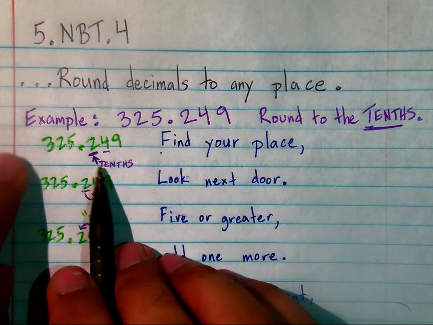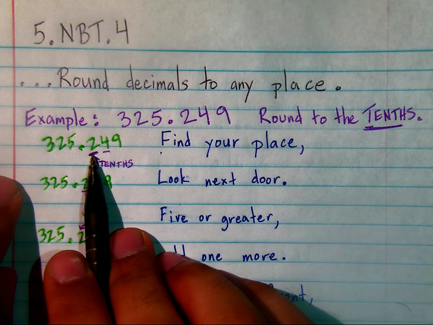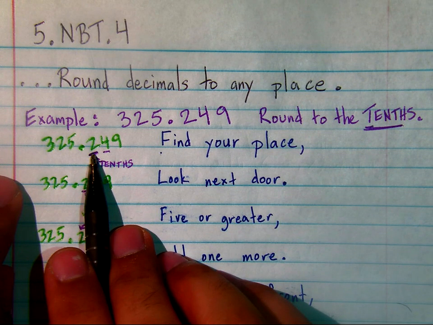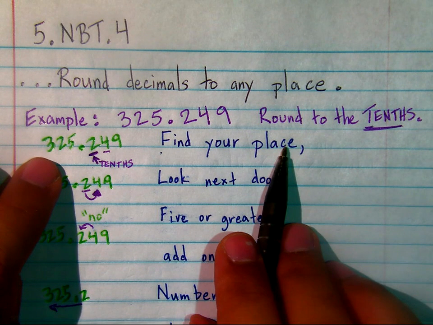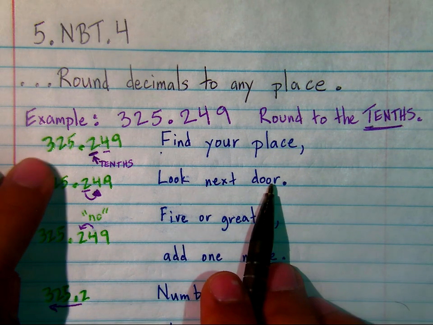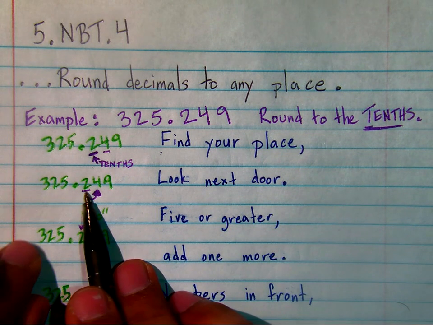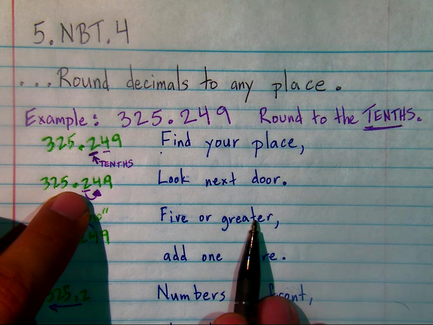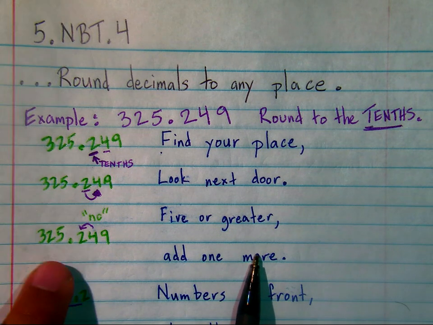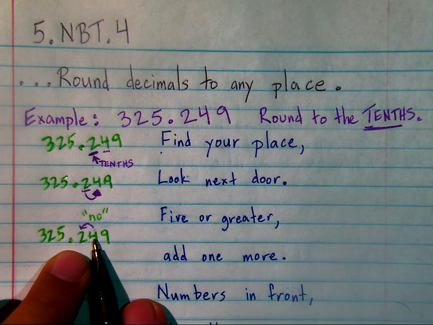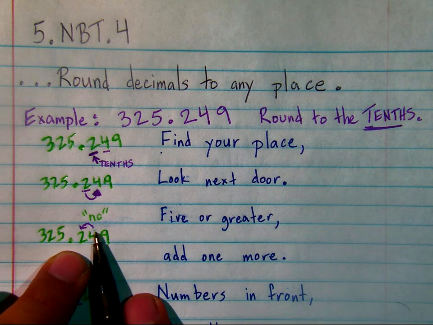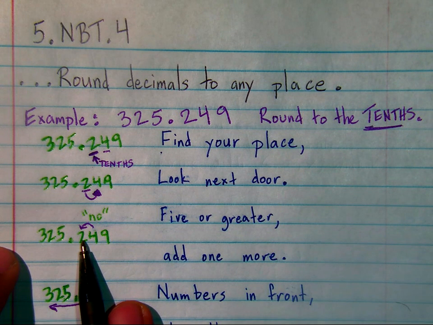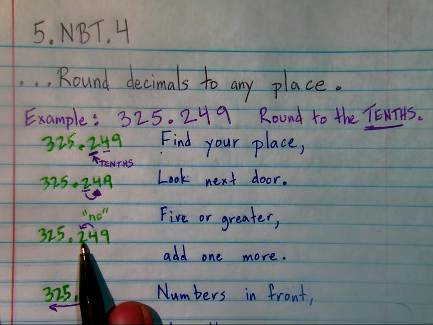If you know that the tenths place is that digit 2 to the right of the decimal, then you have found your place and you can look next door. So next door would be this digit 4. If it's 5 or greater, then you add one more. In this case, the 4 is not 5 or greater, so we won't add one more, which means this 2 in our place is going to remain the same.